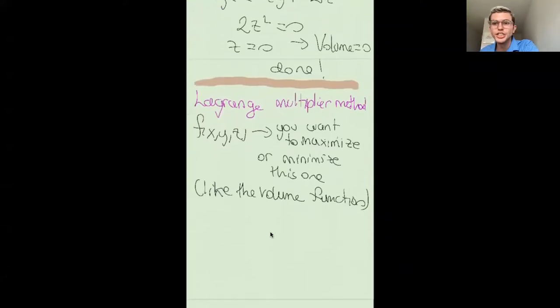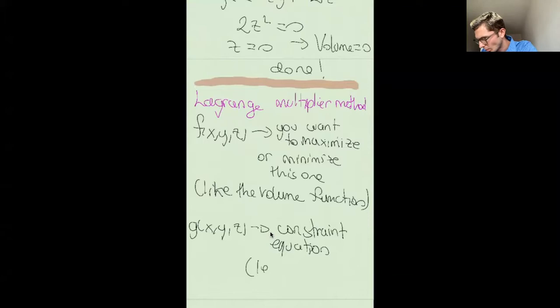And then you have a function g, which is the constraint function, the one that's defining the level surface. The Lagrange method says that the critical points of f, or the points that give you the max or min, are those for which the gradients are parallel.